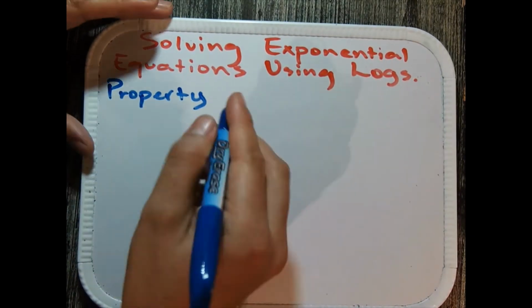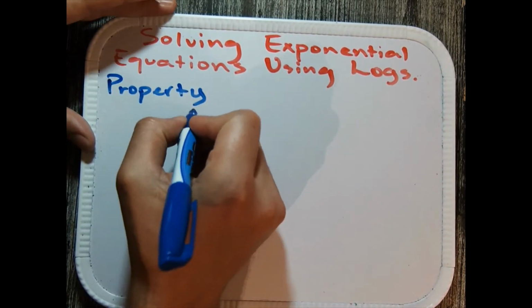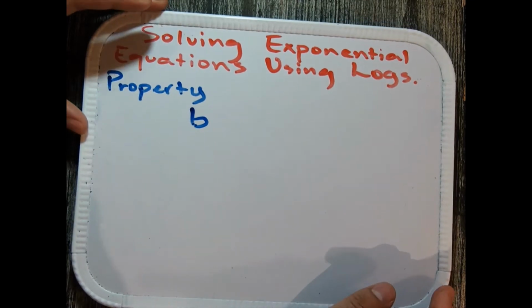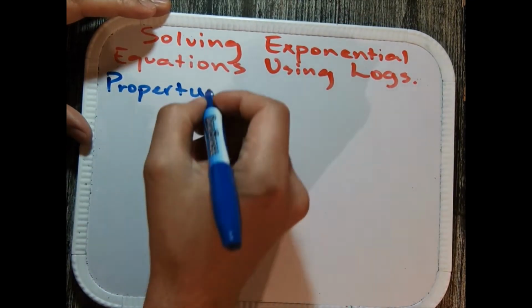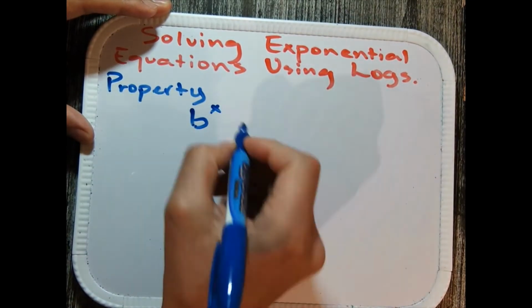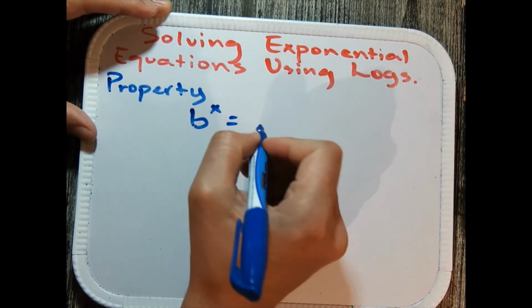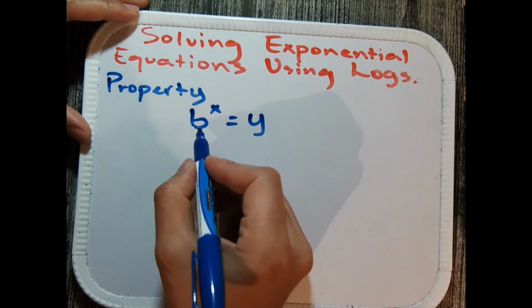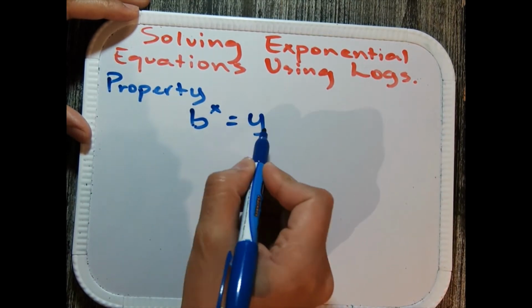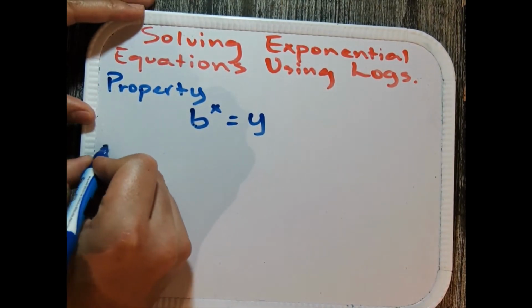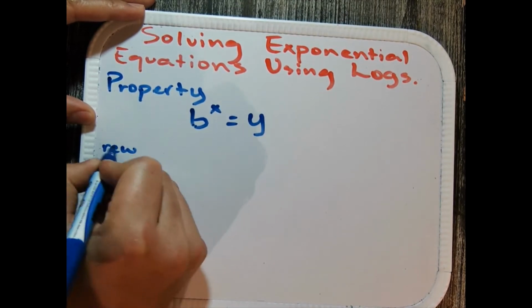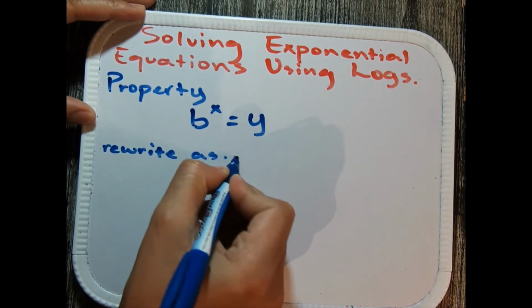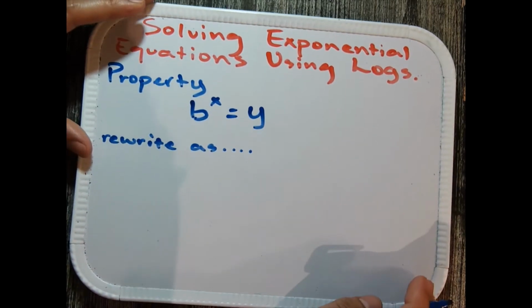The property is: when I have a base b, any number, raised to the power of x equal to a number y, I can rewrite this as a log.